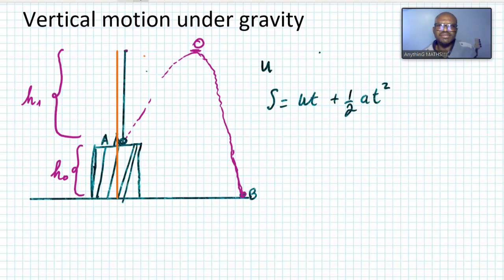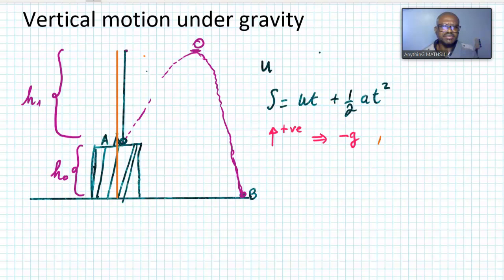But we need to do something in our calculation. We want to tell the examiner that going up is positive, and this will mean that g is negative.